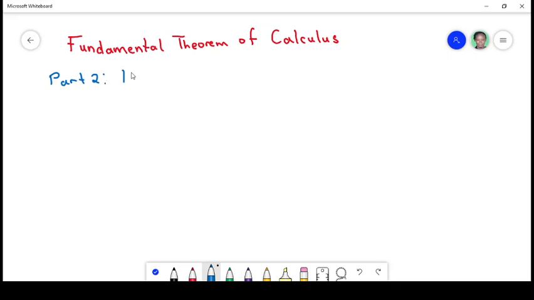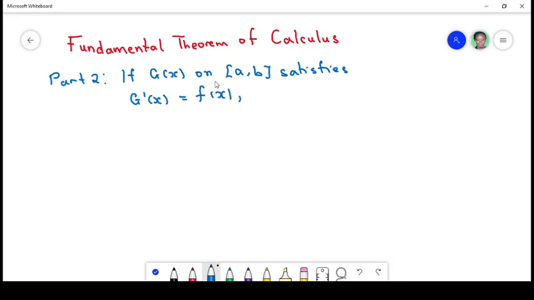It says if I have a function, let's say g of x, on the interval a to b, that satisfies g prime of x being equal to f of x.